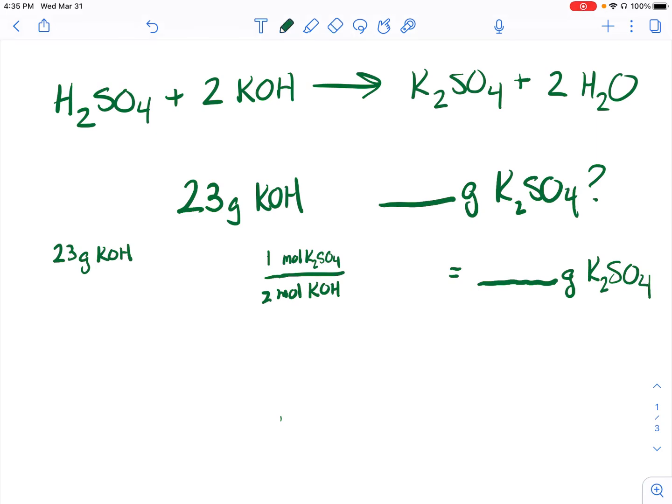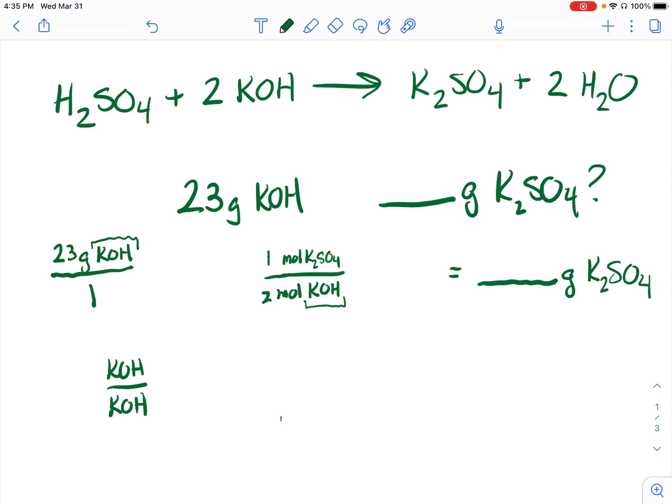So even this simple number 23 I have, I'm going to put it over 1. And what you notice in doing this is that I have the substance potassium hydroxide on the top, and now I have the substance potassium hydroxide on the bottom. So really what I have is KOH divided by KOH. And yes, you can divide a substance by a substance.